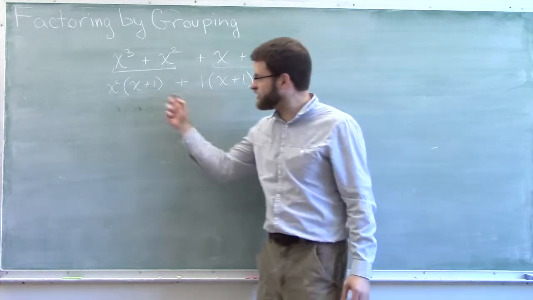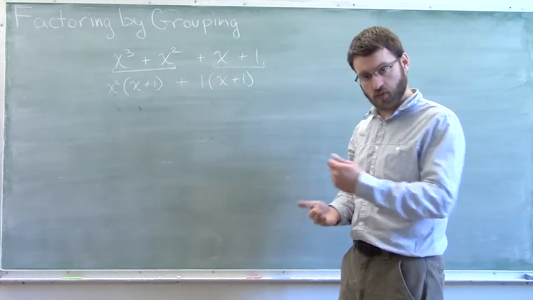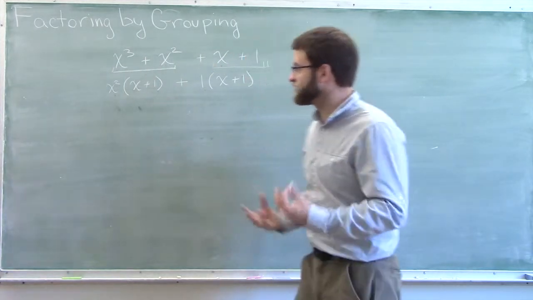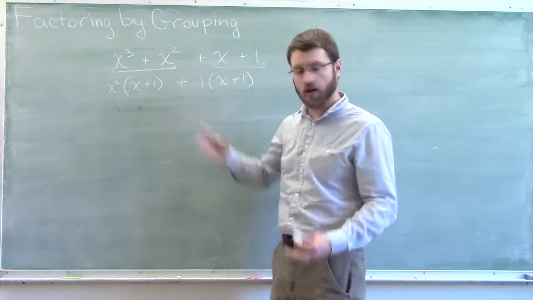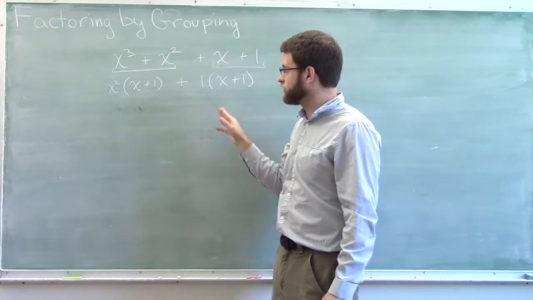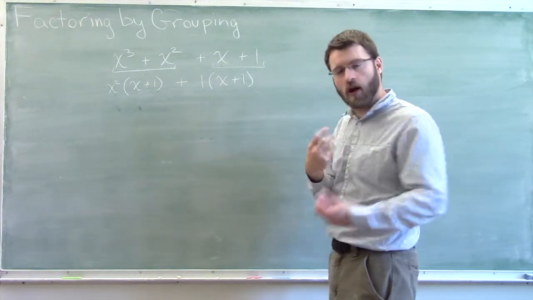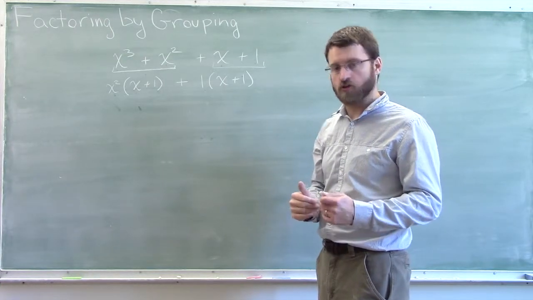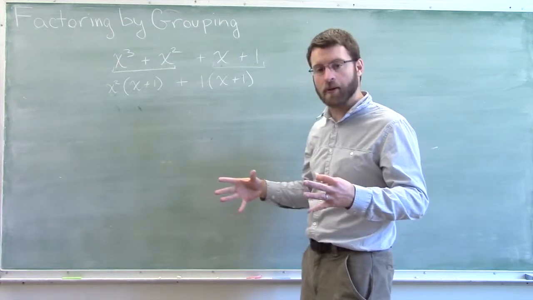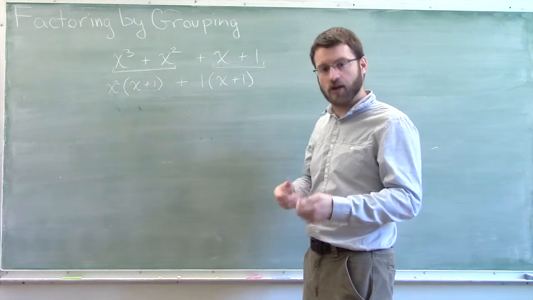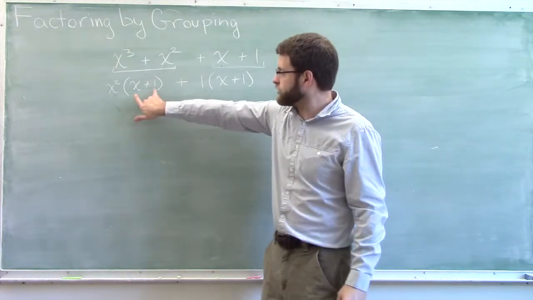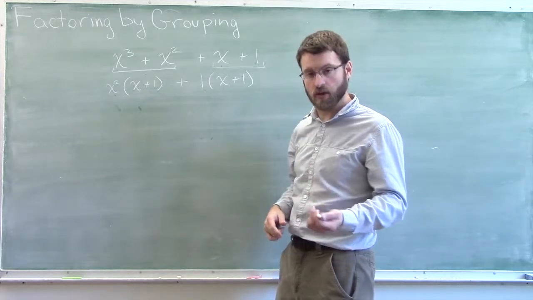Now that I can see that that x plus 1 pattern is repeated in both of these groups, I can say that that's a common factor, a common pattern to both of these, and I can draw it out. I'm going to use the distributive property in reverse. So rather than splitting something up, I'm going to pull it together by using the distributive property, by factoring out this feature x plus 1 that I see twice.